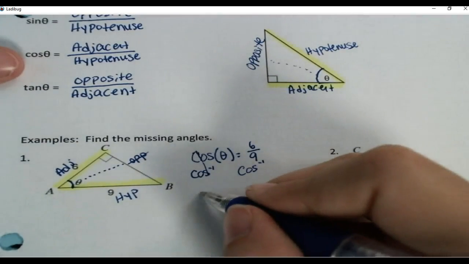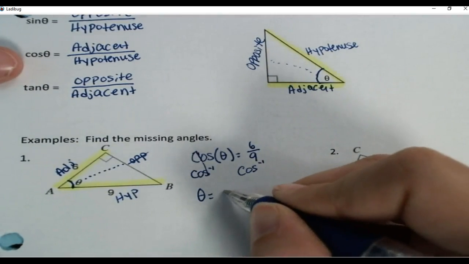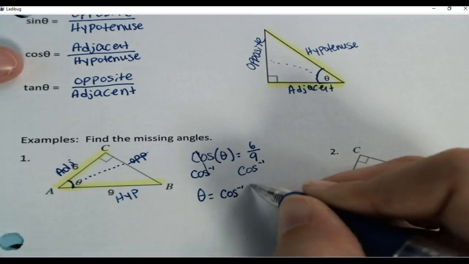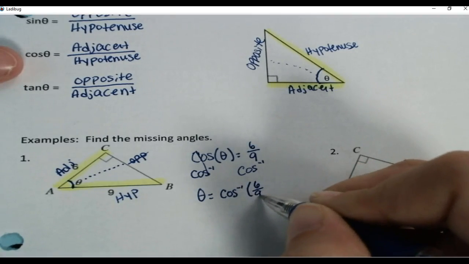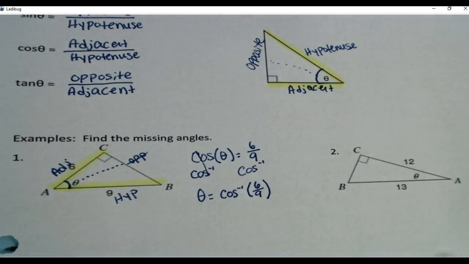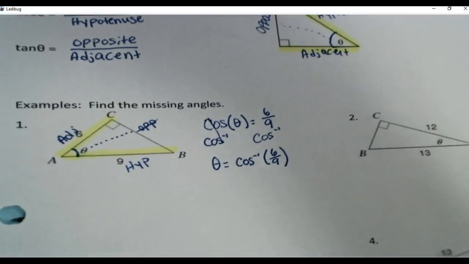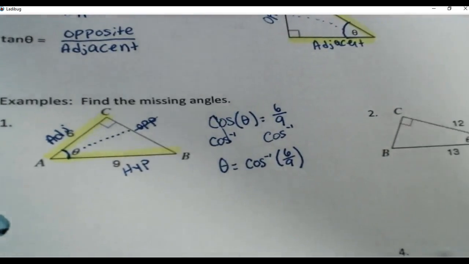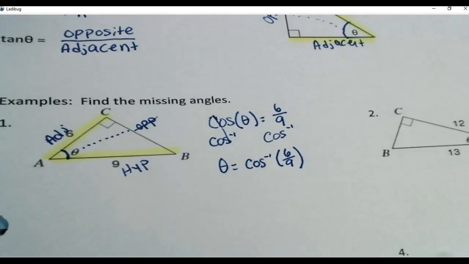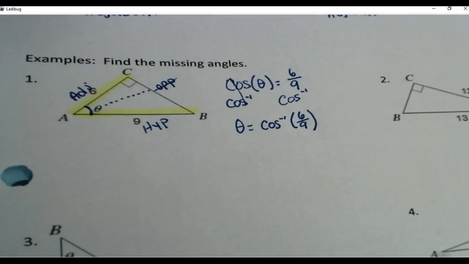So we're just left with theta equals cosine -1, and then our fraction goes inside.